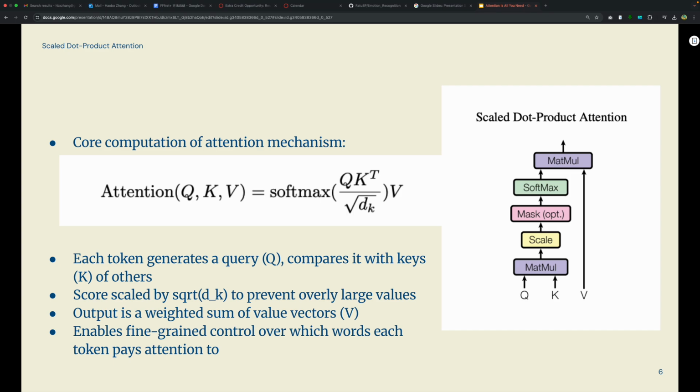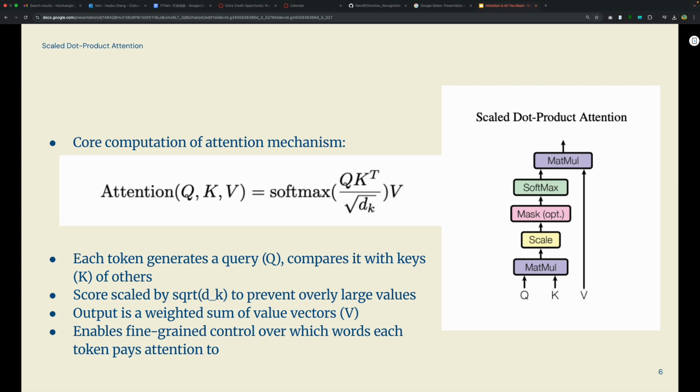Each weight represents how much influence a given token should have when computing the current token's new representation. Finally, the model uses these weights to compute a weighted sum of the corresponding value vectors. The result is a single output vector that represents a context-aware version of the original token, one that incorporates relevant information from other tokens, weighted by their importance.